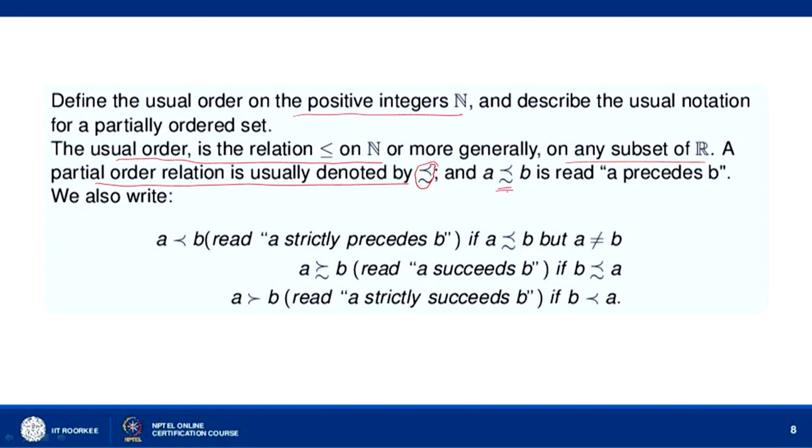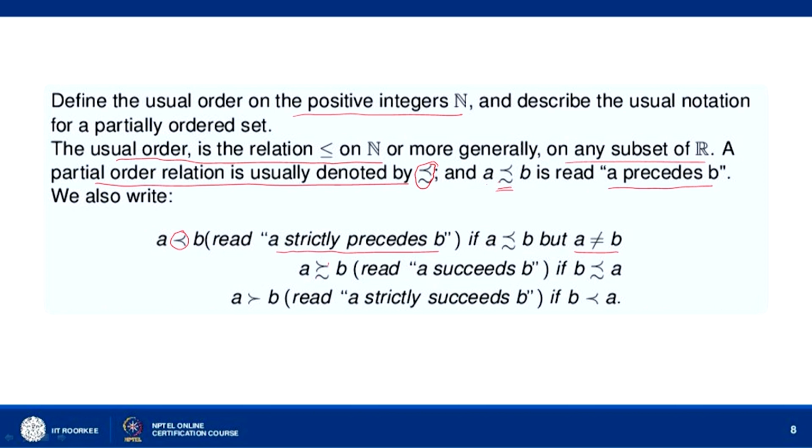If this symbol is there between A and B, we say that A precedes B. If we have this symbol where the equality part is not there, then we say that A strictly precedes B. Now, A strictly precedes B means A precedes B, but A is not equal to B.